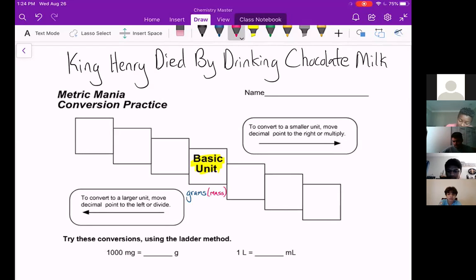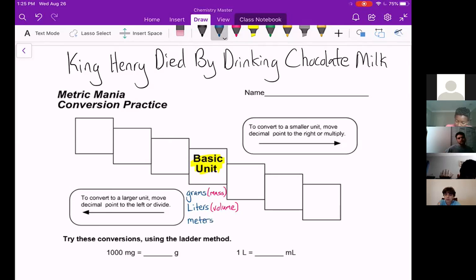Then we have liters, and I purposely wrote that with a capital L, and liters measures volume. A lot of times when you buy your drinks, it might be in liters, like a 2 liter or 3 liter or 1 liter. And then the last one we're gonna focus on today is meters.